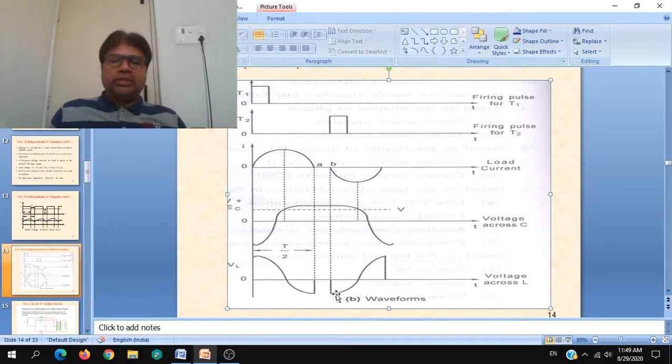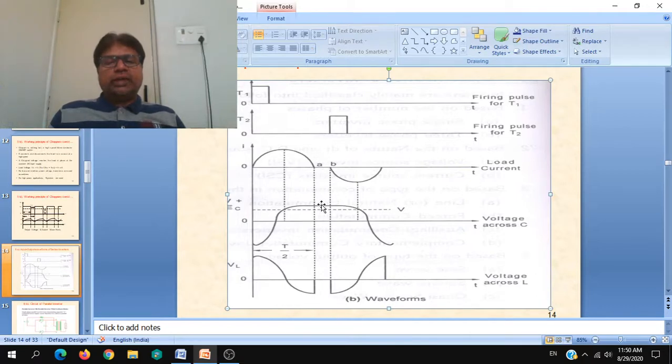We have to do so many things to make it a better sinusoid, and depending on this load current, you have to compulsorily, when it asks specifically input and output waveforms, draw the load current also. Now compare this load current: when the voltage is positive, current is increasing from 0 to maximum value, and after reaching, as the voltage is becoming negative, increasing negative, current decreases and becomes 0, and then comes the turn off period.